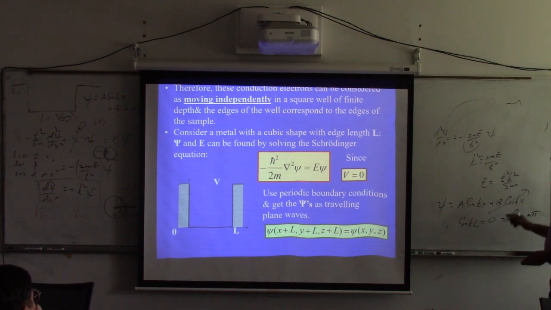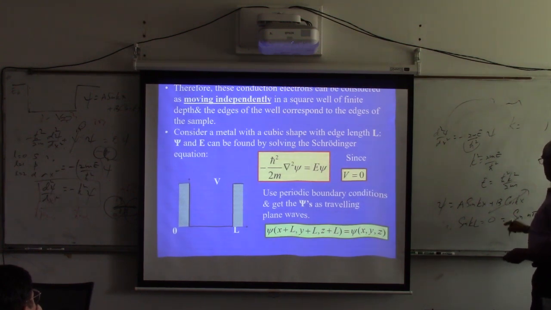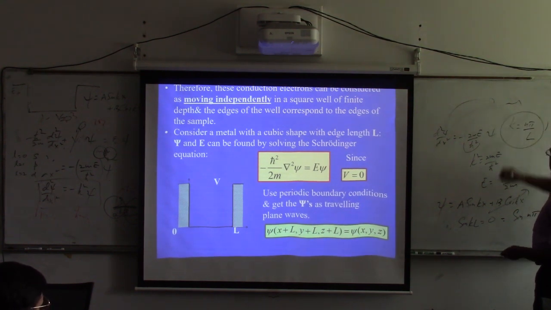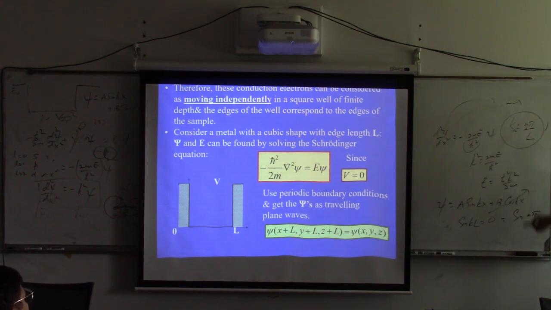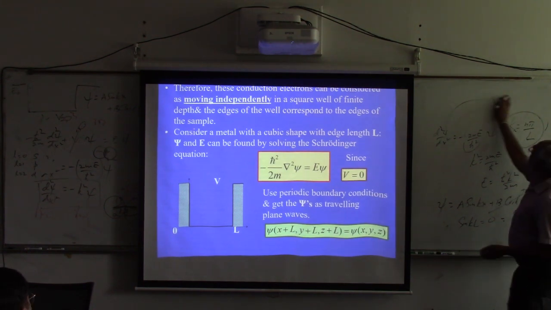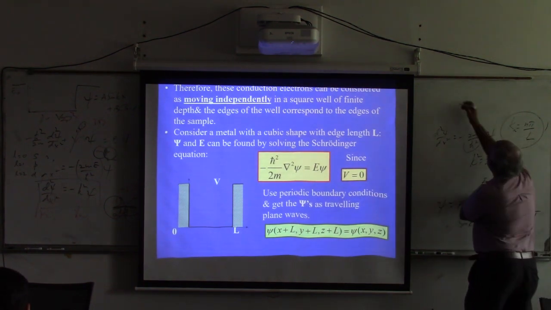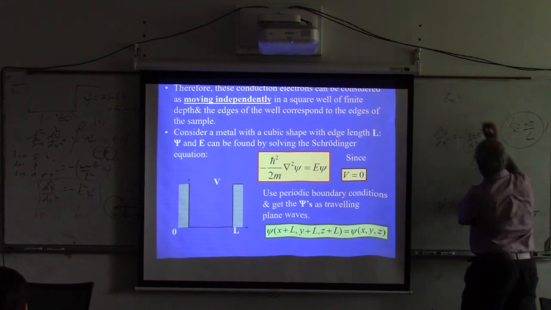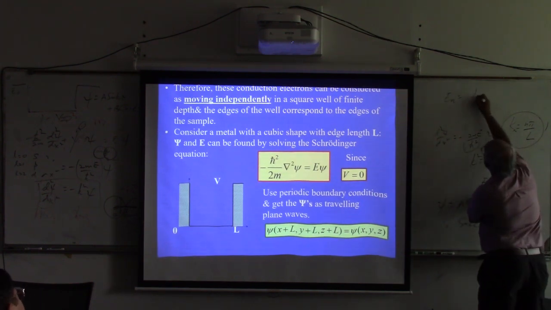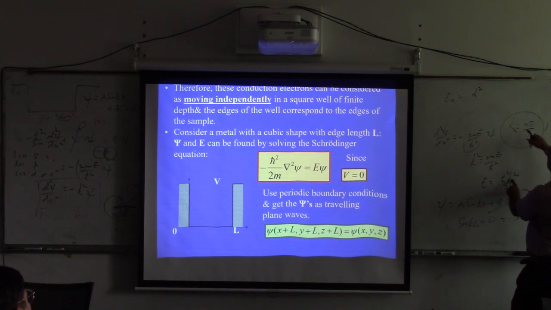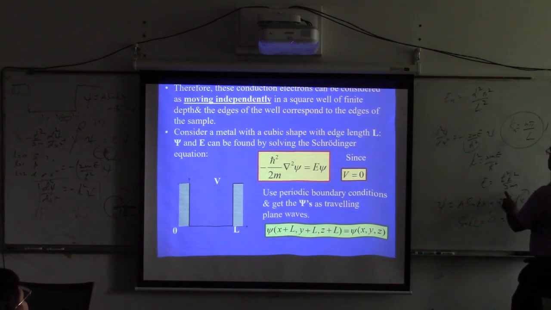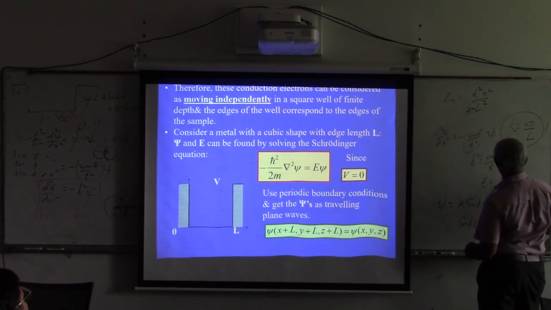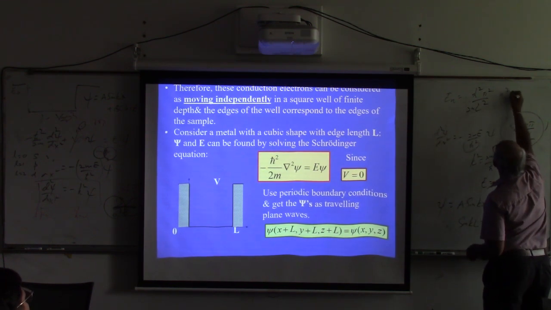That means you can write k as n pi over L, so k is related to n. Now I can write the energy for the nth state as h bar squared pi squared over L squared, then 2m times n squared.